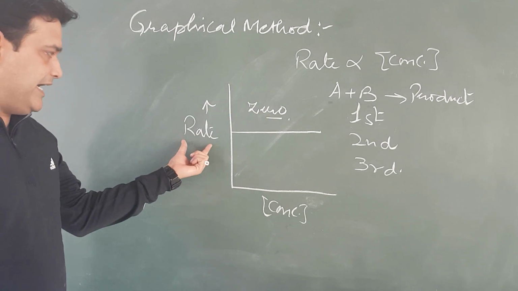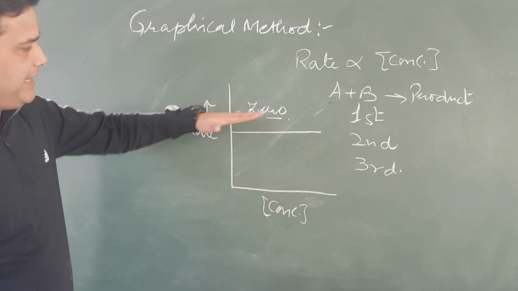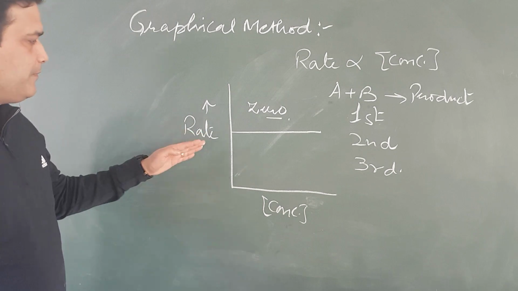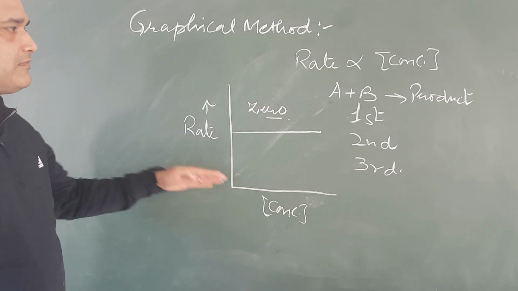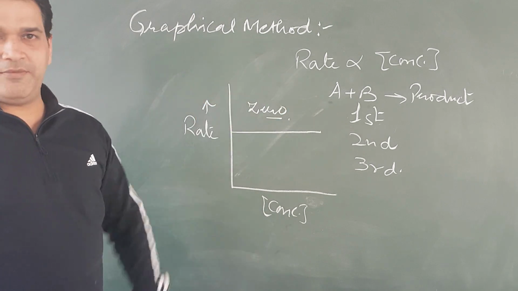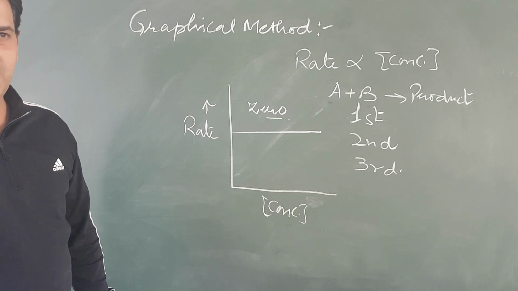That is, the rate does not depend on the concentration. It remains fixed. It has a definite value. So such types of graphs are used for the order determination. So this is called the graphical method.